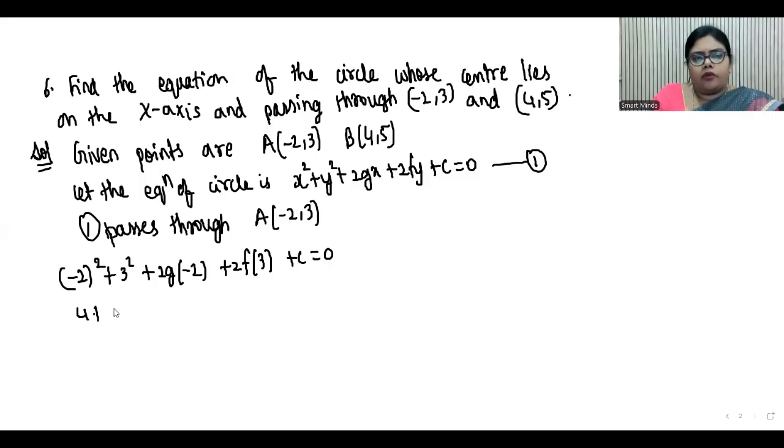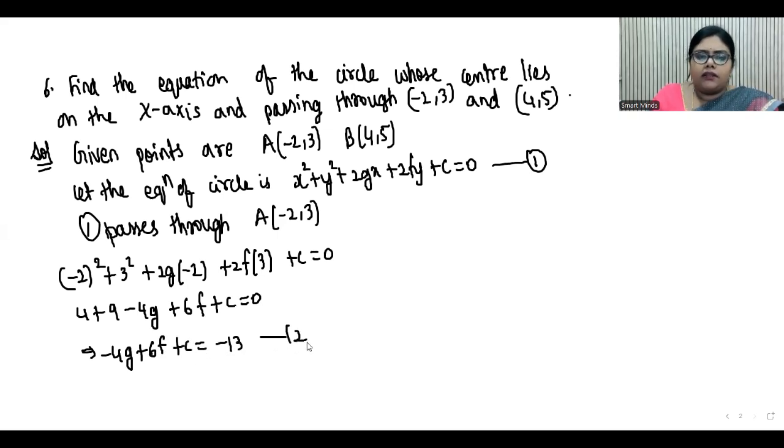So you get 4 plus 9 minus 4g plus 6f plus c is equal to 0. So you get minus 4g plus 6f plus c is equal to minus 13. This is equation number 2. Now equation number 1 passing through the second point. What is the second point? B 4 comma 5.